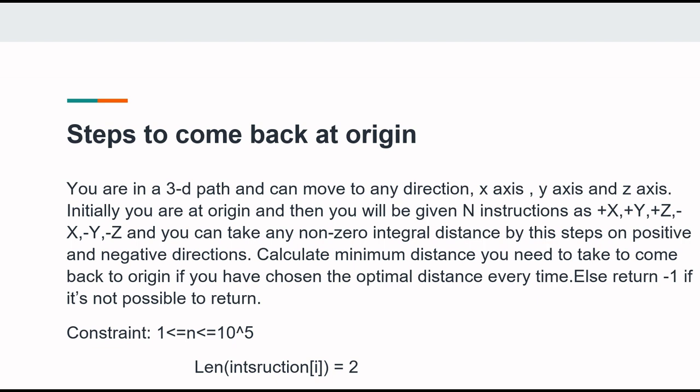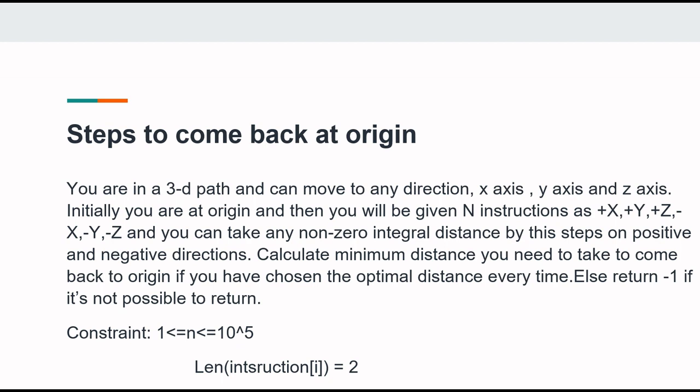Similarly minus x means I have to go back. Suppose I have taken plus x, plus 1, and then I am giving minus 1, meaning I have to come back towards origin. Or if I have initially taken minus x, that means I can go towards negative x direction.